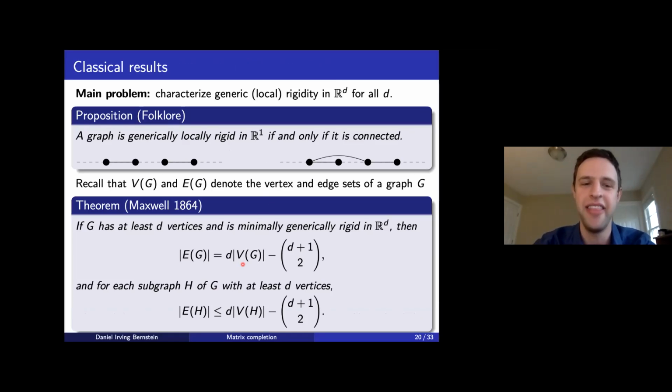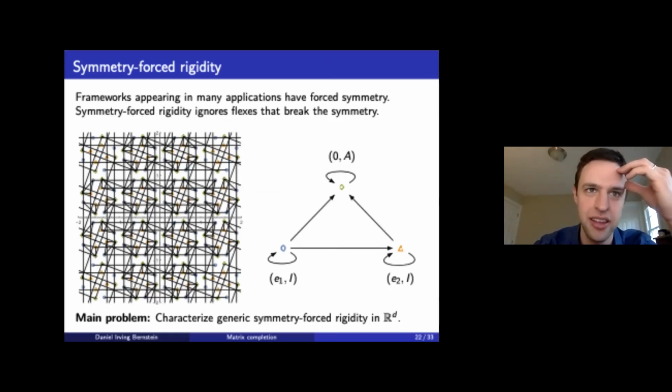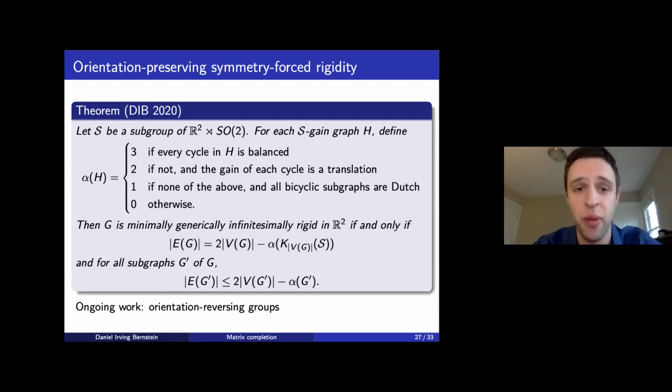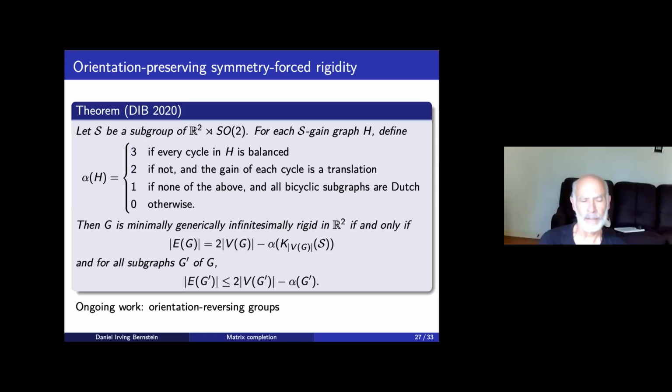Unlike Maxwell's condition in general, this theorem is sufficient for generic minimal rigidity, not just necessary. This is the rigidity of the gain graph, or of the original symmetric framework? The original framework. It's slightly different from ordinary rigidity in that a flex that breaks the symmetry doesn't count. Right, I understand.